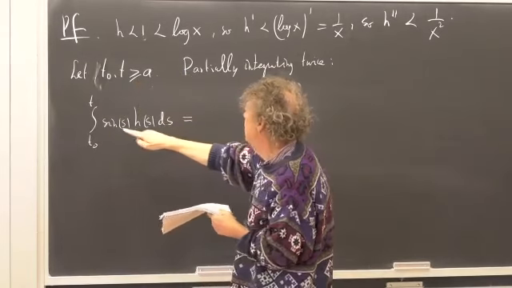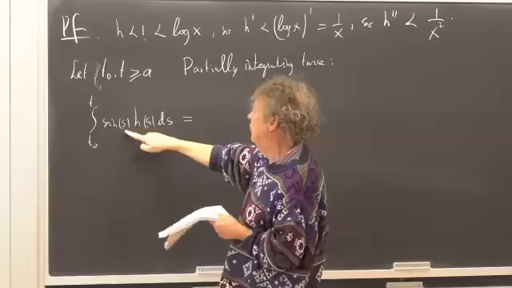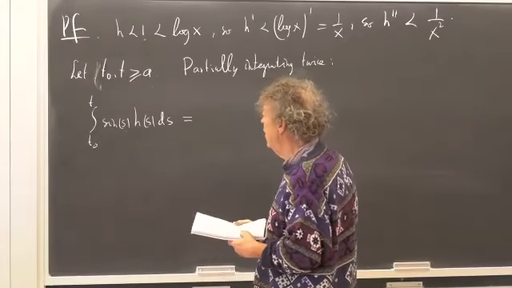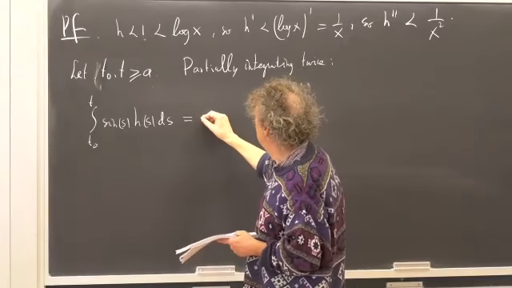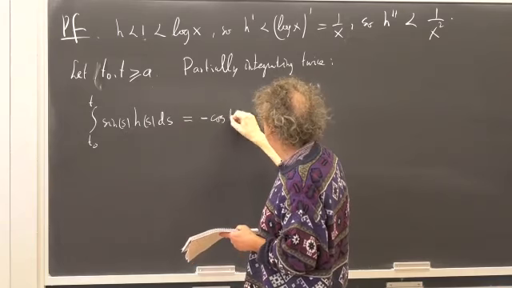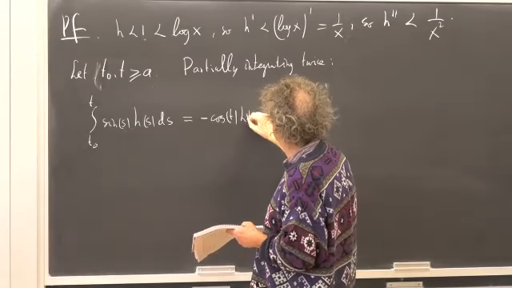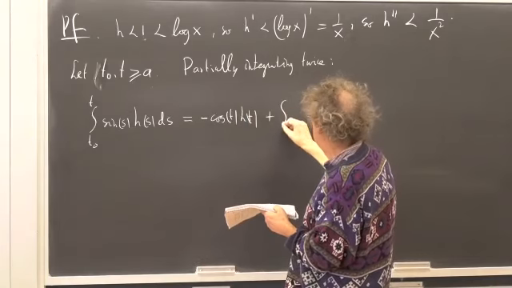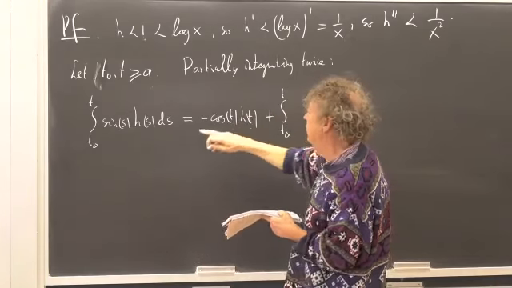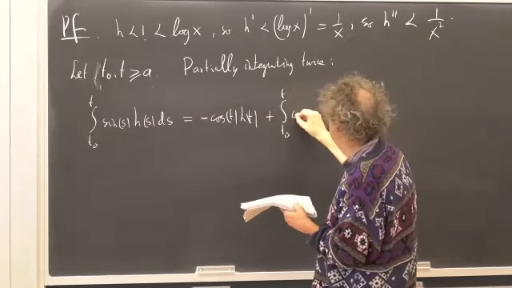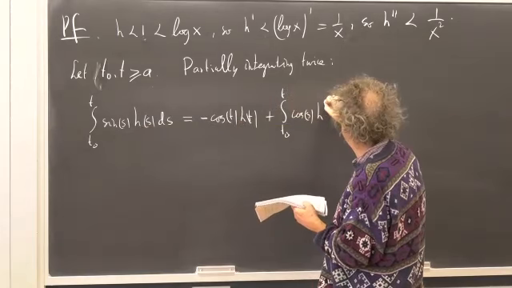Well, sine is the derivative of minus cosine. So by partially integrating, you get minus cosine t h(t) plus the integral from t0 to t, where you replace h by h prime, of cosine s h prime(s) ds.